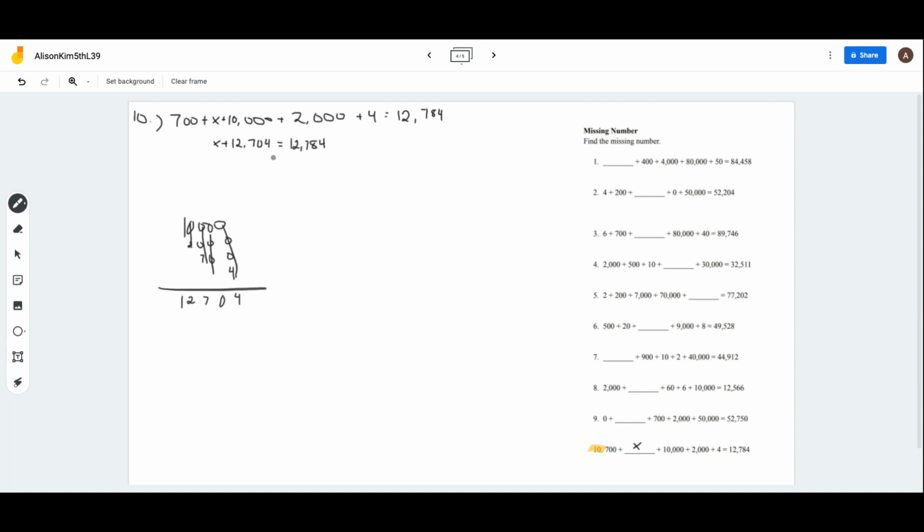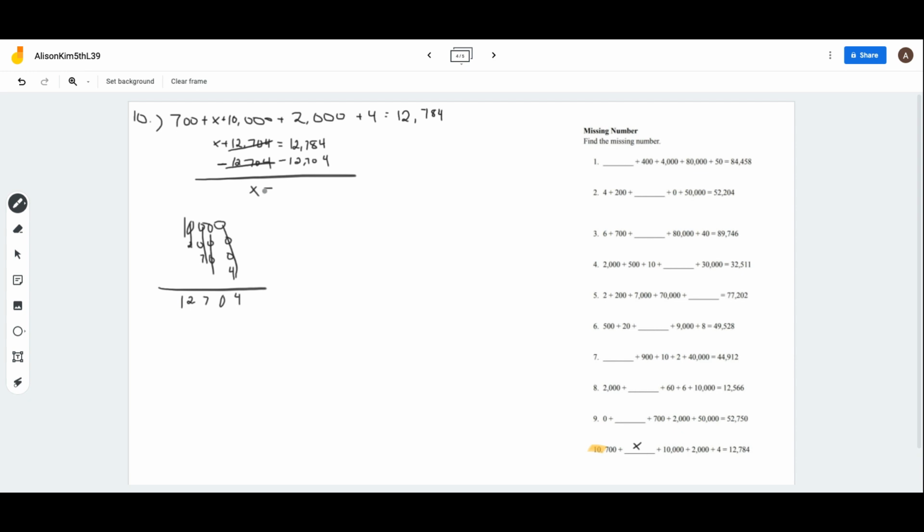Once again, we just want the x by itself, so we're going to have to get rid of the 12,704. And the only way to do that is by subtracting it from both sides. So the 12,704 is going to cancel out because it's going to turn into a 0, and we're going to be left with just an x on the left side.